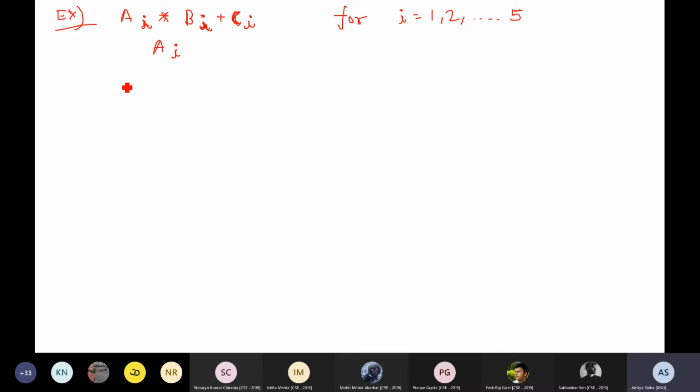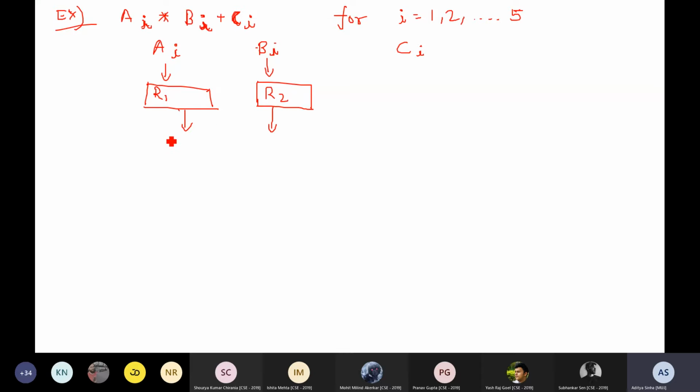So you'll have Ai. Firstly you'll have to put them into registers. So पहले multiplication के लिए we'll put it inside, say, R1. Then you have Bi. You remember we have to transfer everything into registers first, then we need to perform all the operations.